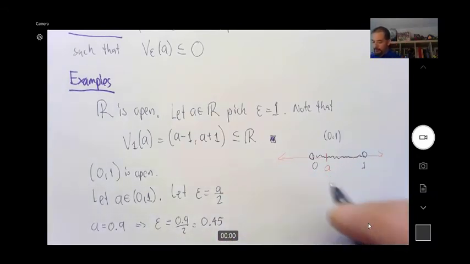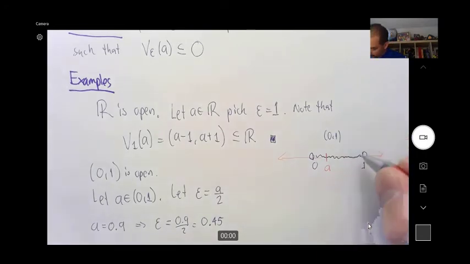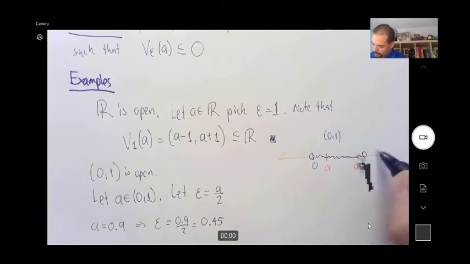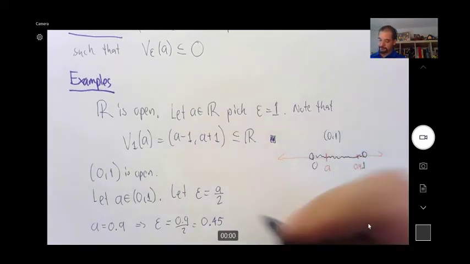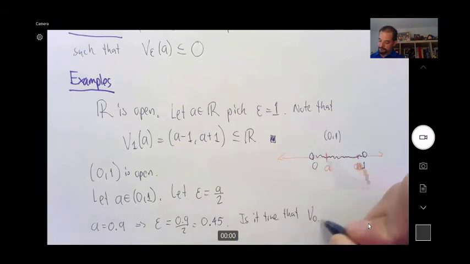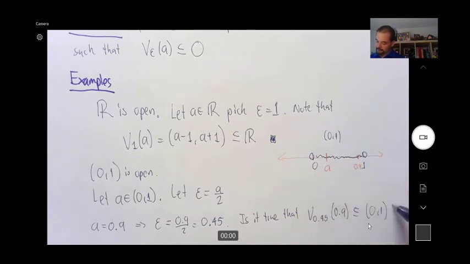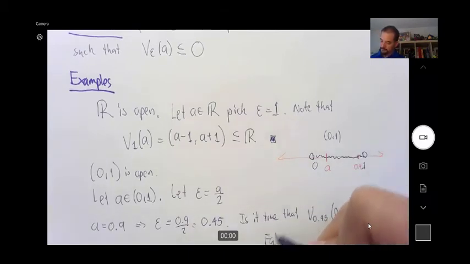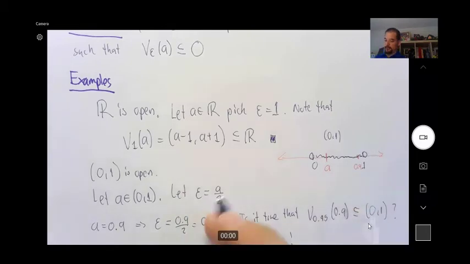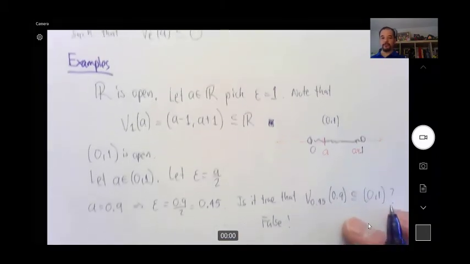And then are you telling me that if I look at 0.9 and I look at a neighborhood of radius 0.45, I'm going to be inside 0, 1? Is this true? No, it fails in general. It's not true, right? False. So the one you told me is not right.